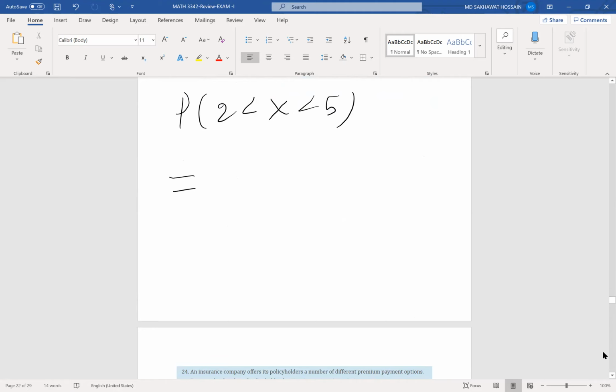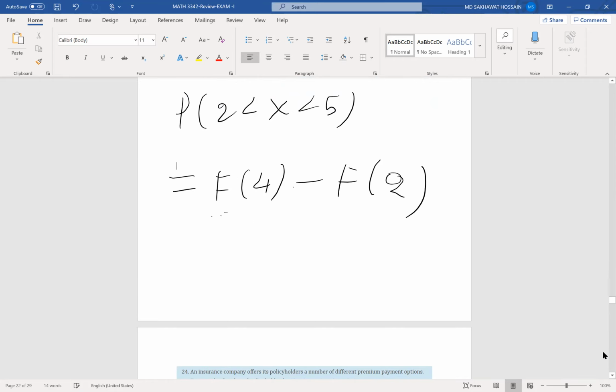That means we have to find the probability from 3 to 4. So F of 4 will give you the probability from 0 to 4, and you have to subtract 0 to 2, because we want the probability from 3 to 4.